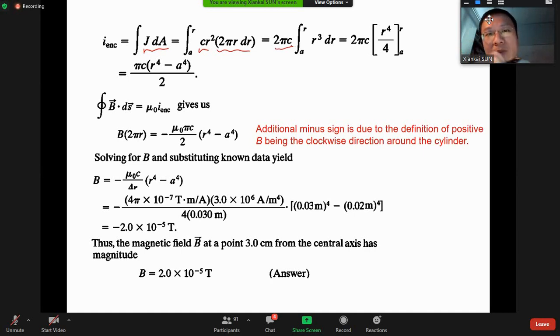You can take them out, and inside the integral is R cubed. And R cubed, after integral, becomes 1/4 of R to the 4th power. So this is R to the 4th minus A to the 4th divided by 4. Okay, no problem.